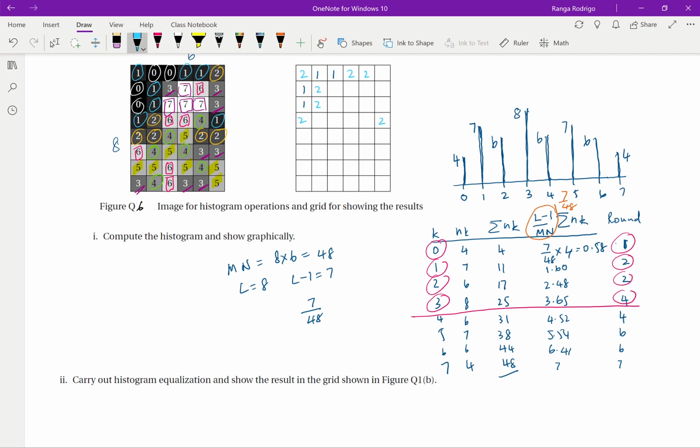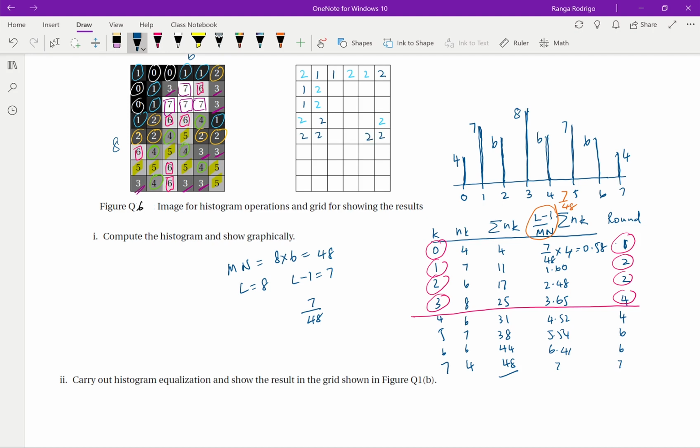For the others, I'll use the same color. For all 2's, let's put 2. Right.